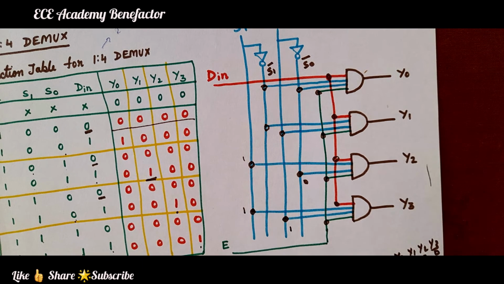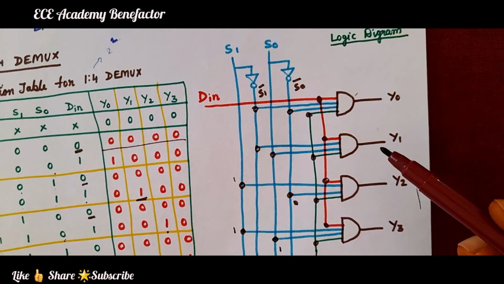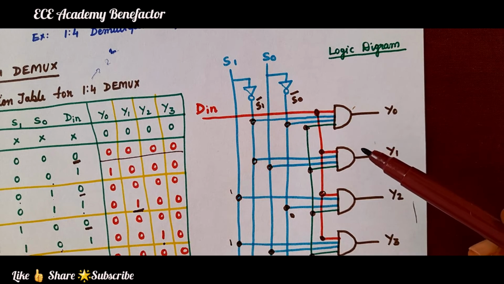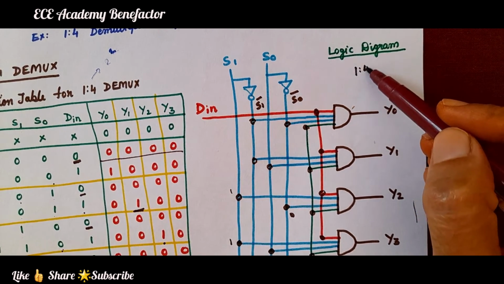So this is how we can draw the demultiplexer diagram. It is known as the logic diagram of 1:4 demux.